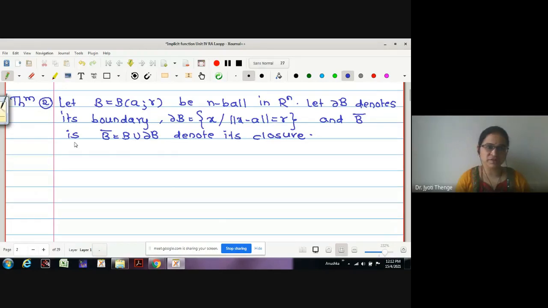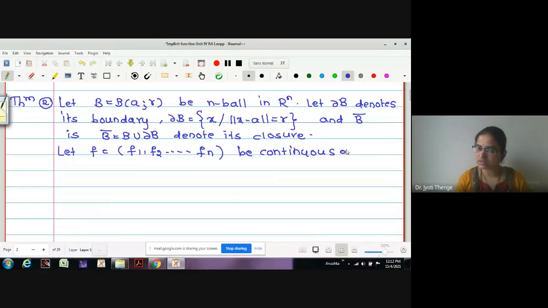Next, a function f is given, an n-tuple function, where every coordinate function f1, f2 up to fn is continuous on this B bar, B along with its boundary.